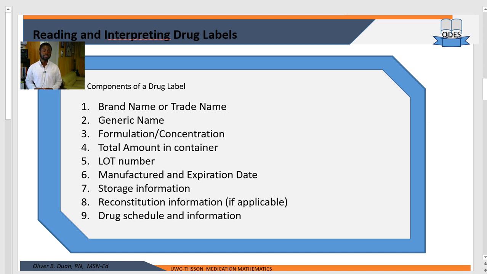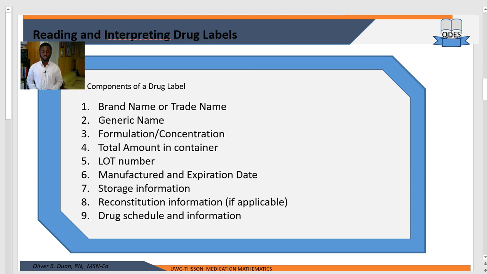For example, some medications will have to be stored away from light because light can break down the chemical components of the medication. Other medications will have to be stored in the refrigerator because it needs a particular temperature to maintain its chemical composition.